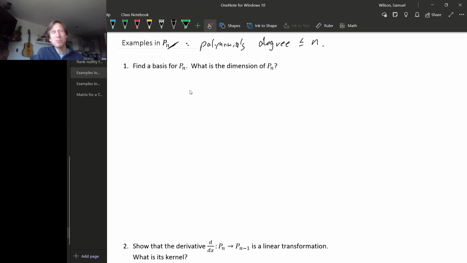Well, if you think about polynomials of degree n, there's going to be some coefficient times x to the n plus some other coefficient times x to the n minus 1, and so on, all the way down to some coefficient times x plus some constant term. And any scalar, any real number, could go in these positions.